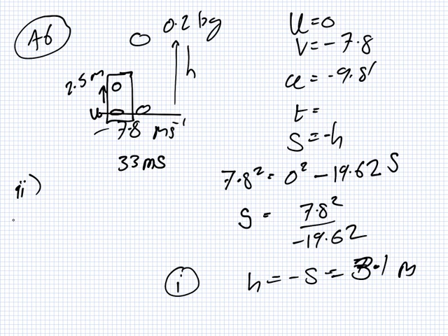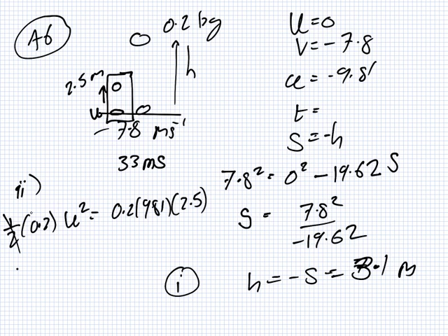The kinetic energy at the bottom must equal the potential energy at the top. So that cancels to make a 0.1, and 0.1 goes into 0.2 2 times.